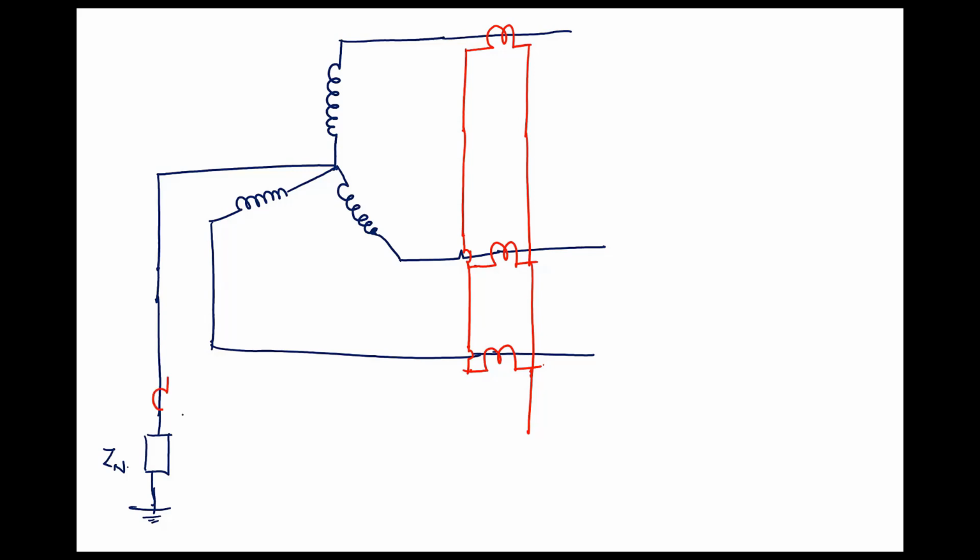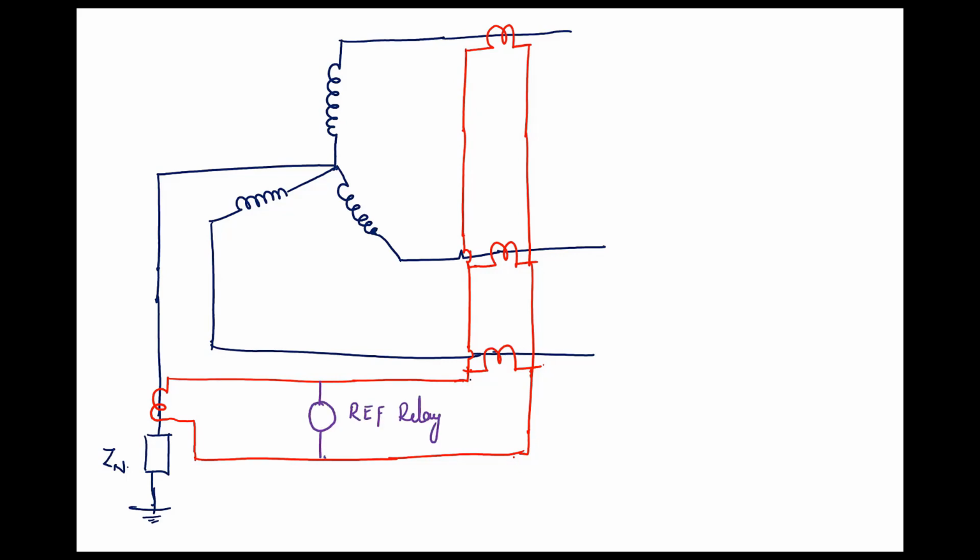Here is one more neutral CT. This end is connected to this point. So here the relay is connected, that is the restricted earth fault relay. This is how we connect the restricted earth fault relay in a transformer on a star connected side.